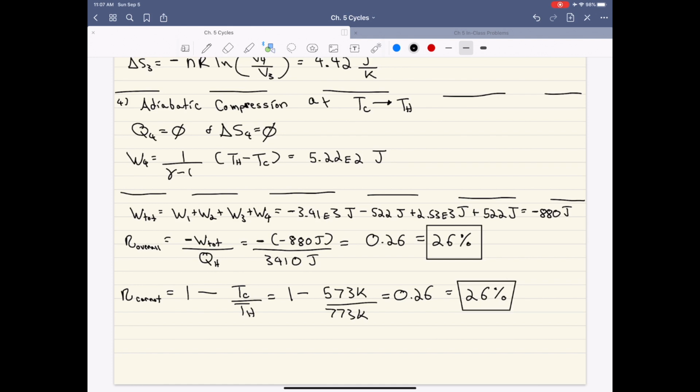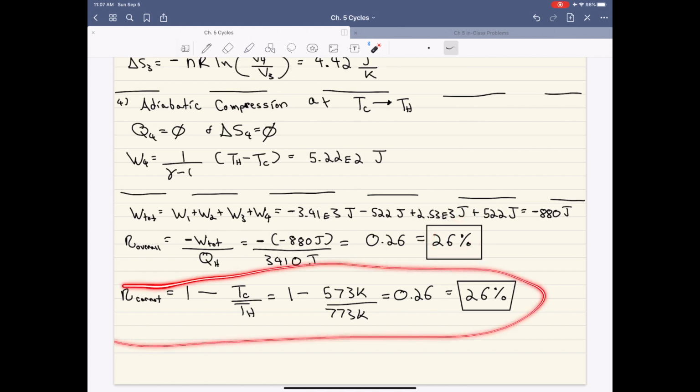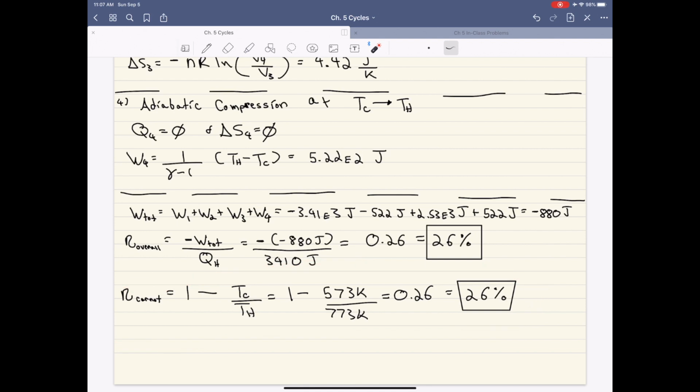The reason for that is because in our analysis we assumed everything was operating reversibly. That's why all these works and all these heats add up to give us an efficiency of 26%, which uses the same assumptions that are used in deriving this Carnot efficiency equation.